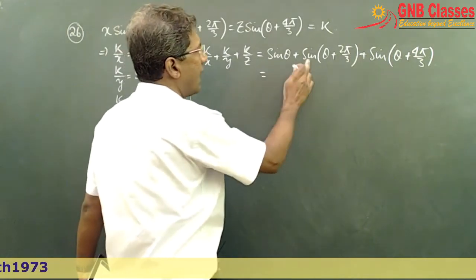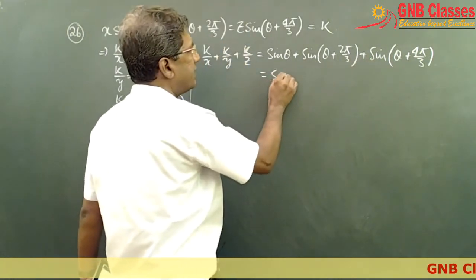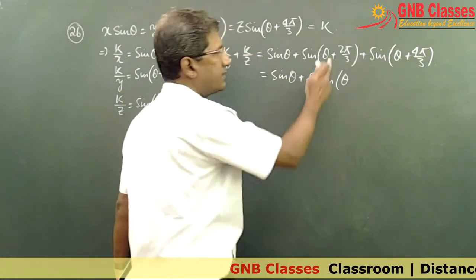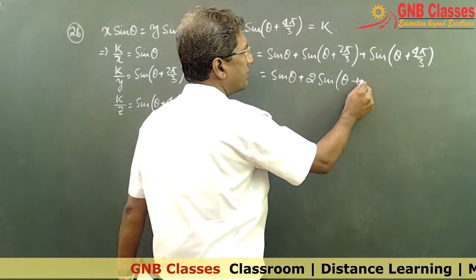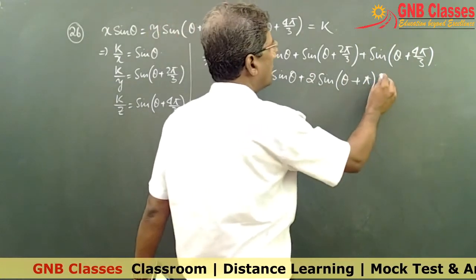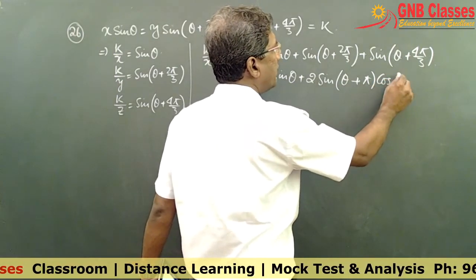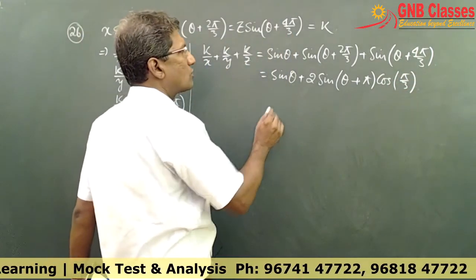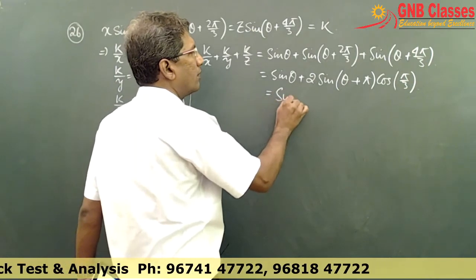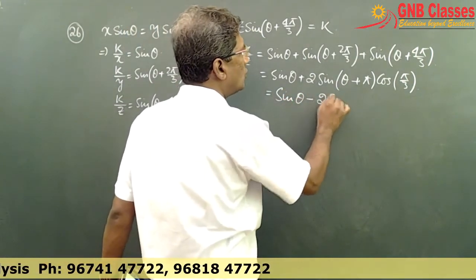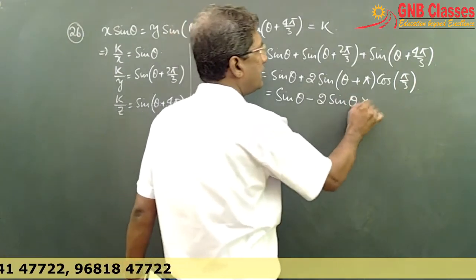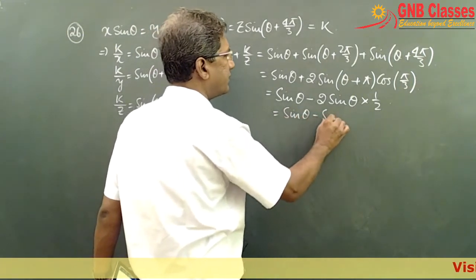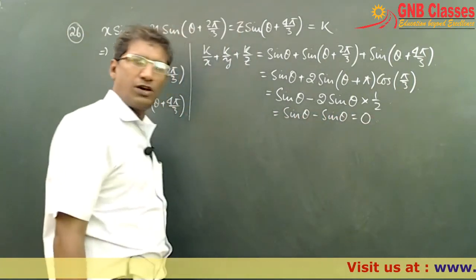Now, applying the formula for sine C plus sine D, we are getting 2 sine (C plus D) by 2 cos (C minus D) by 2, which will give us pi by 3. So we are getting sine theta minus 2 sine theta into cos 60 degrees, which is half. So we are getting basically sine theta minus sine theta, which gives you 0. Is it clear?